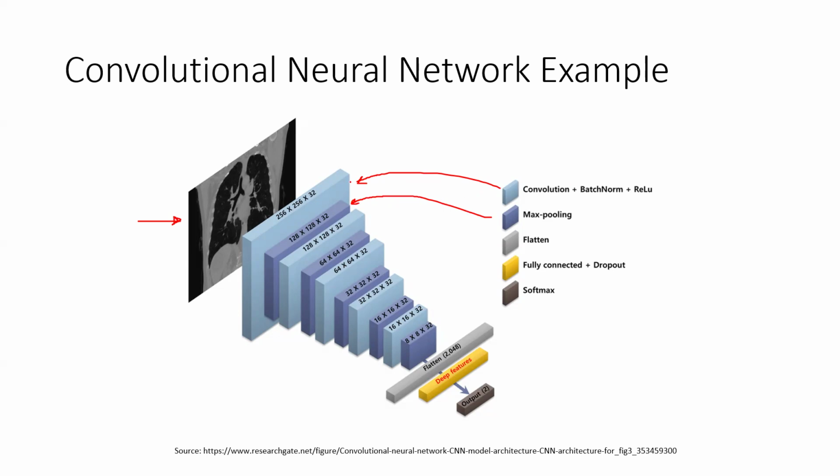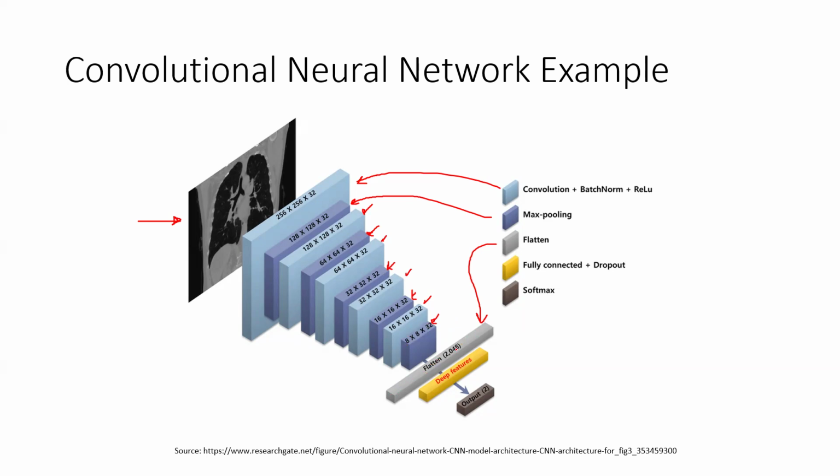One after the other, we use convolutional layer, max pooling layer, repeated several times, and then we have a flattened layer. Flattened layer means fully connected: instead of multiple dimensions, you have a single dimension vector.